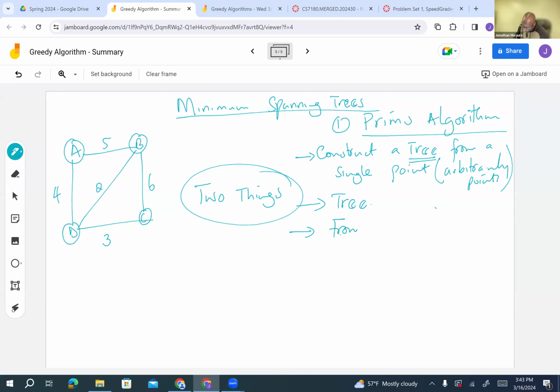Then we can think about what this frontier is. This frontier is going to keep all things within the graph that have not been used to create the tree. Maybe I could say the frontier keeps all vertices that have not been used in the tree.